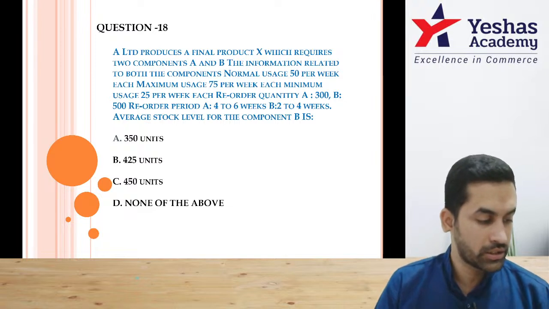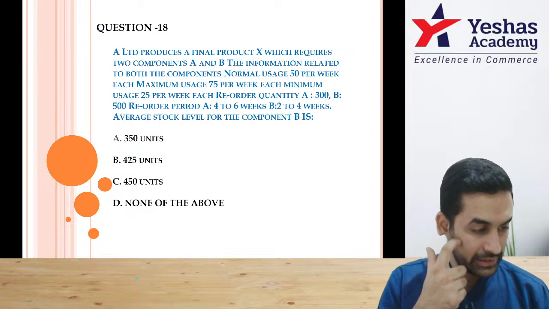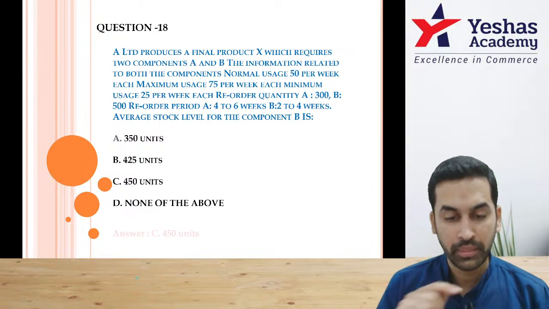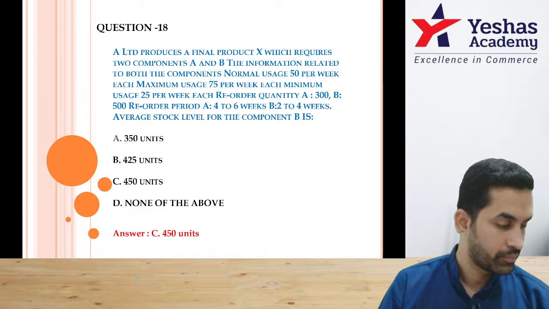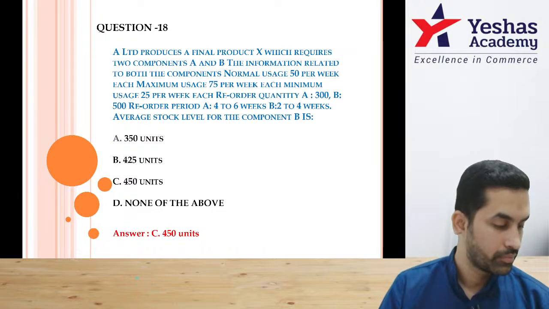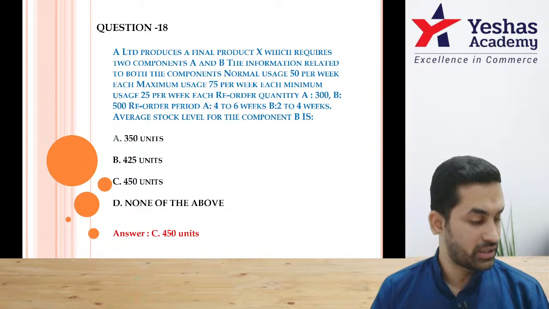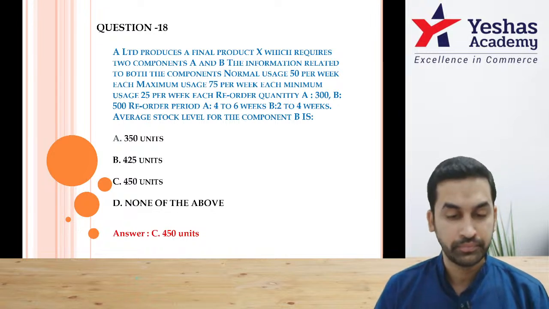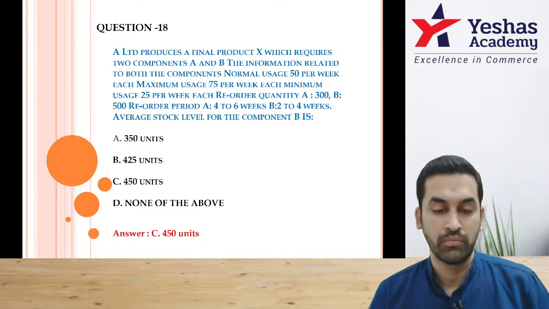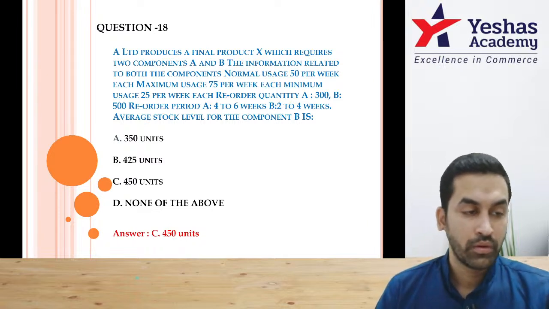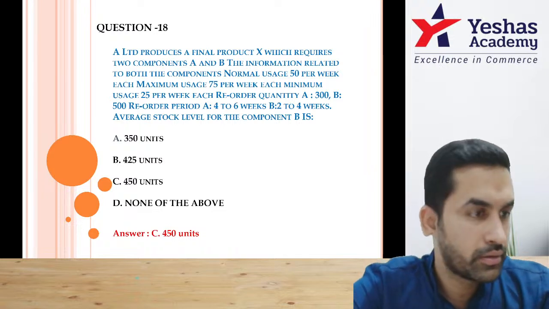450 units. Option C. Is that correct? I think yes. Arti is saying option C. Good. Option C. Is that the answer?